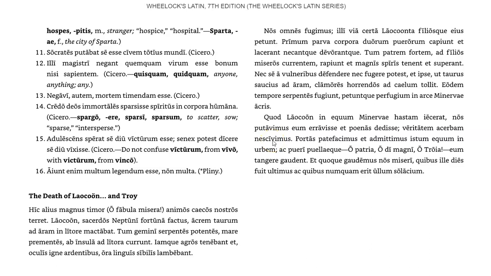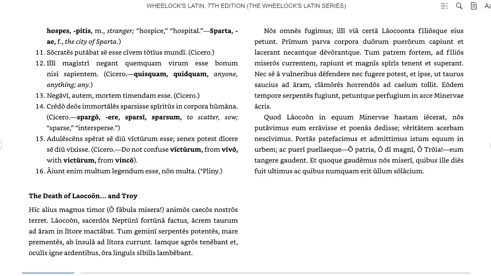Nescivimus, remember nescio means to not know. So we didn't know the literally acerbic truth. Acerbic is like sour, but we didn't know the real truth, or the bitter truth, or acerbic truth.